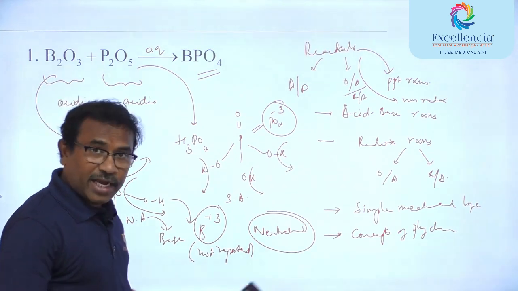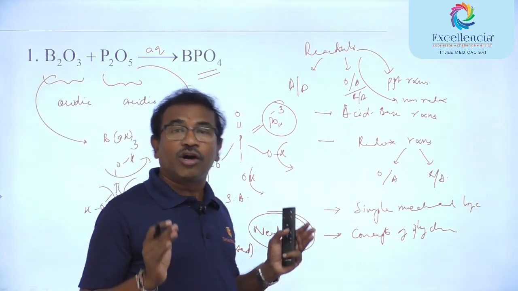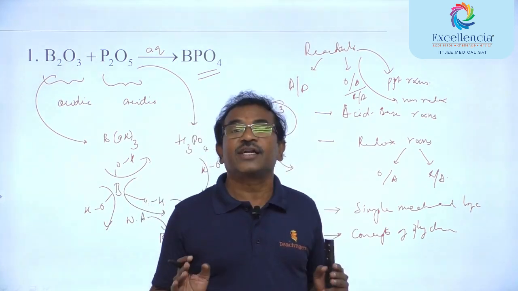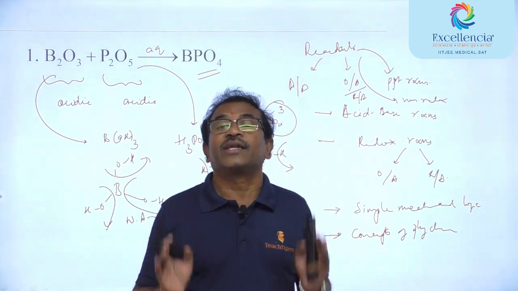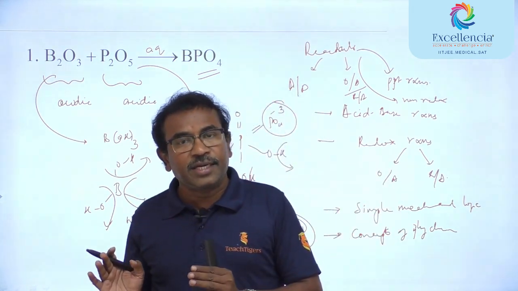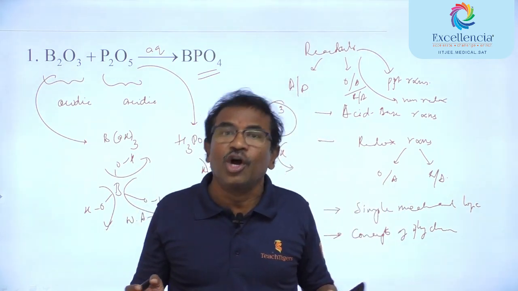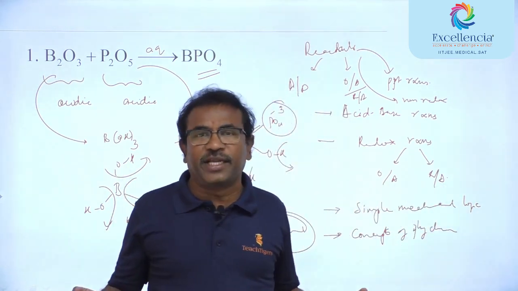So what are the key points we have learned? I'll just summarize. In order to understand any inorganic chemical reaction, we need to first study the reactants. Are they acidic? Are they basic? Are they oxidizing or reducing agents, or is it a simple precipitation reaction or a complex reaction? Any possibility is there.